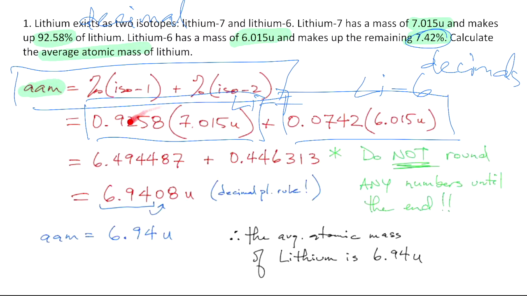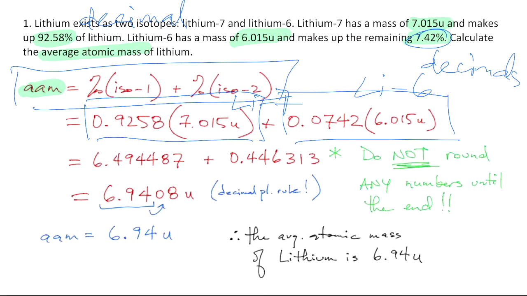When I multiply these two numbers for lithium-7, I get this value. I add it to what I get by multiplying these two, which is the value from lithium-6.